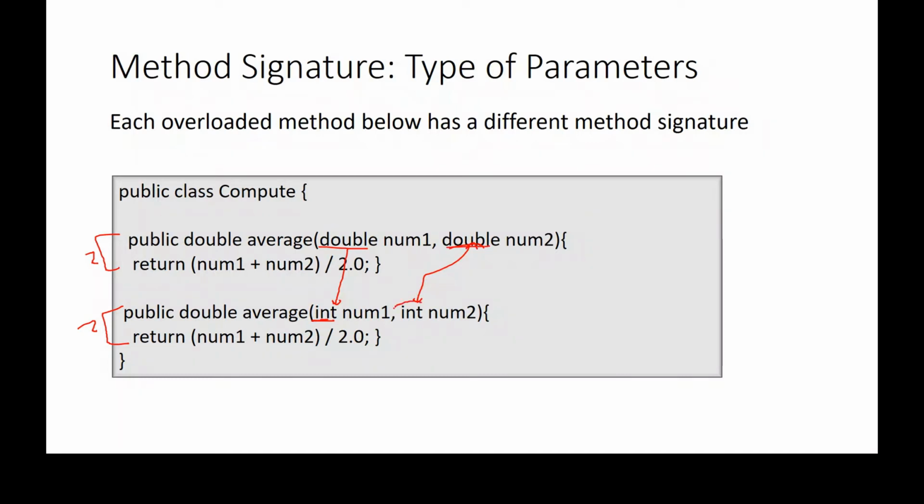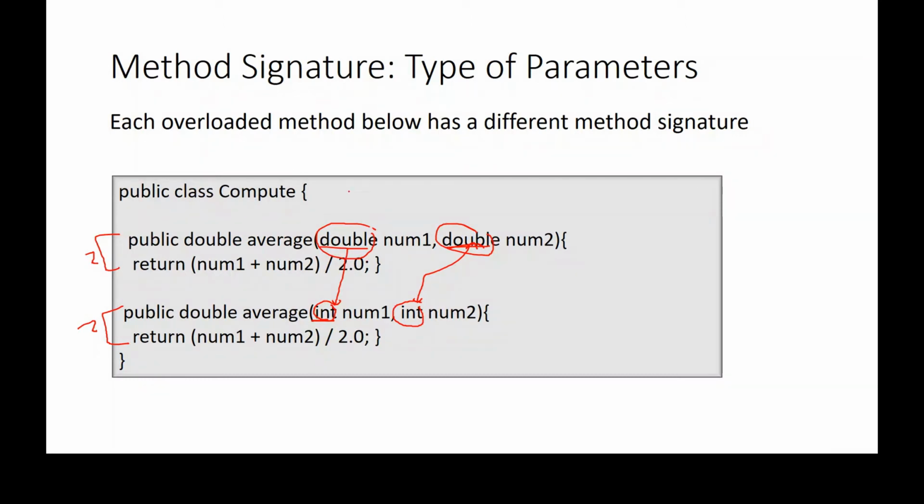But here two changes. From double to integer. Here we change the type. Here you can take the average for double numbers if you want, or you can take the average for two integer numbers. This is called overloading.